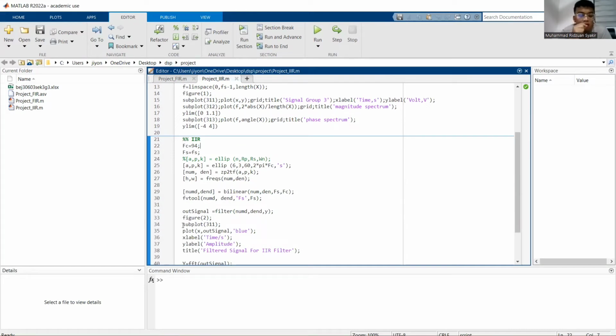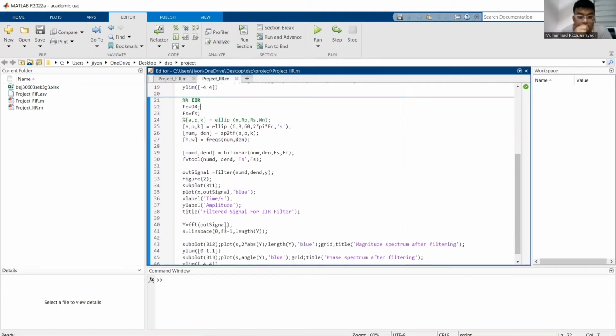For figure 2, we have subplot, plot X out signal in blue, xlabel time in seconds, ylabel amplitude, and title filtered signal for IIR filter.